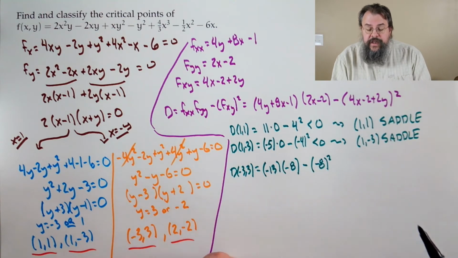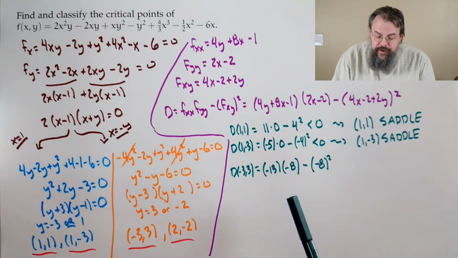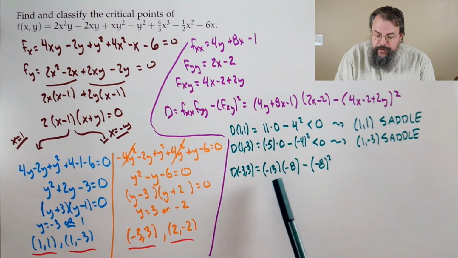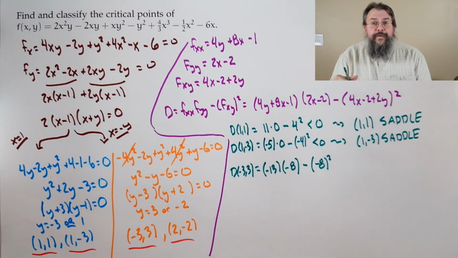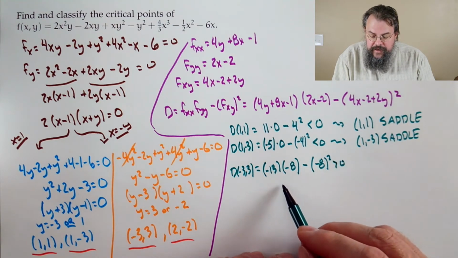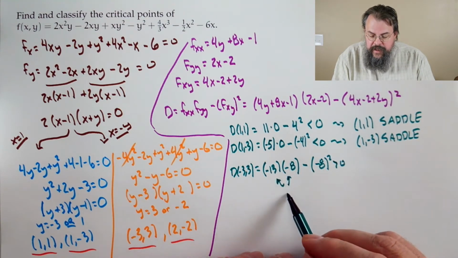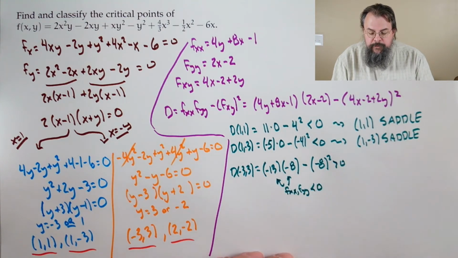Now, we don't need to know the value. We just need to know the sign. Which one's bigger? Well, the 13 and 8, we can ignore the negatives because 2 negatives make it positive. 13 times 8 versus 8 times 8. Well, 13 times 8 is bigger. So this is positive. And we see, aha, the fxx and fyy are both negative.